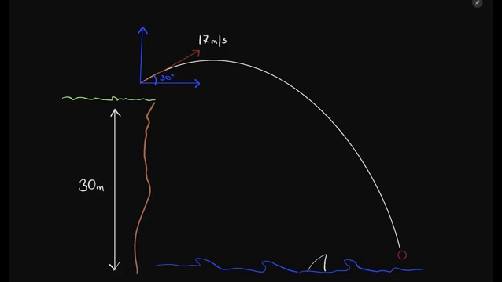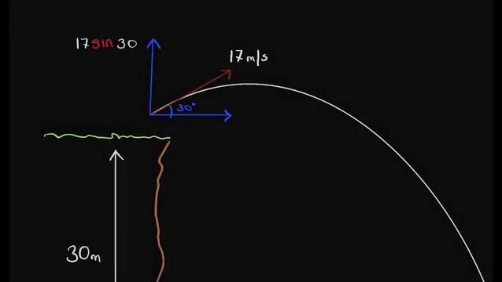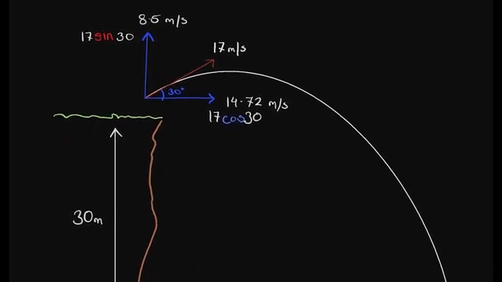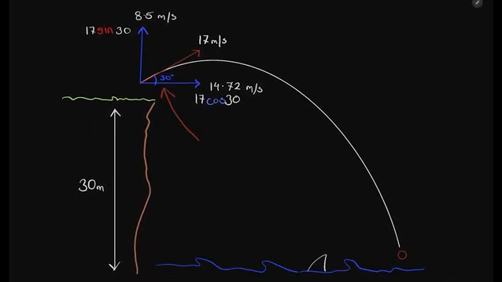Let's break that 17 meters per second into components. Initially, the vertical component would be 17 sine 30 and the horizontal component 17 cos 30. As you can see, the angle is between the horizontal line and the main line. That's why the horizontal component is given the cos and the vertical component is given the sine.